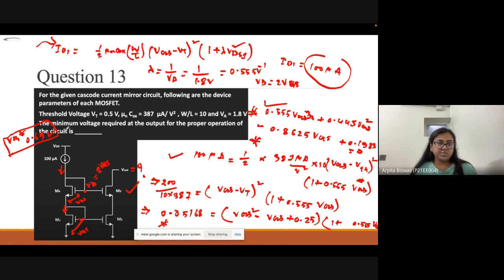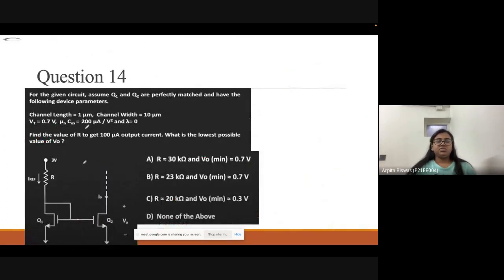So the acceptable one is VGS equal to 0.695 volt. So this is question number 14.